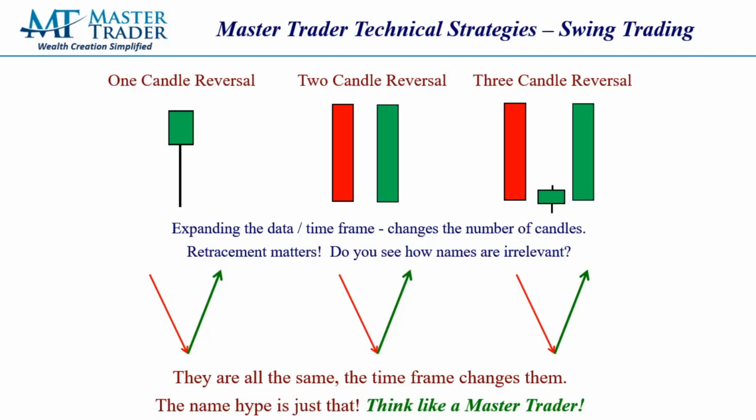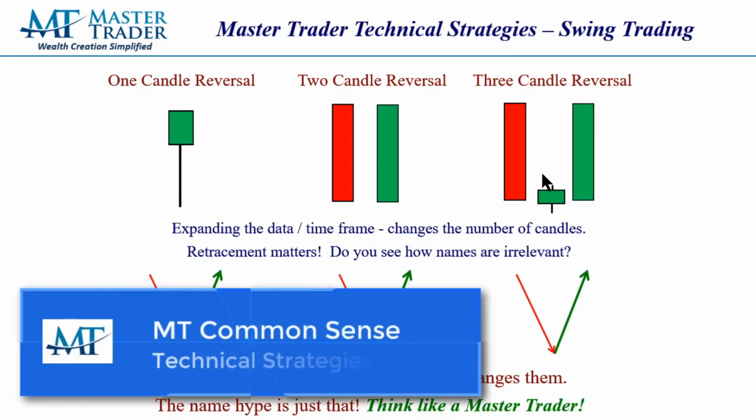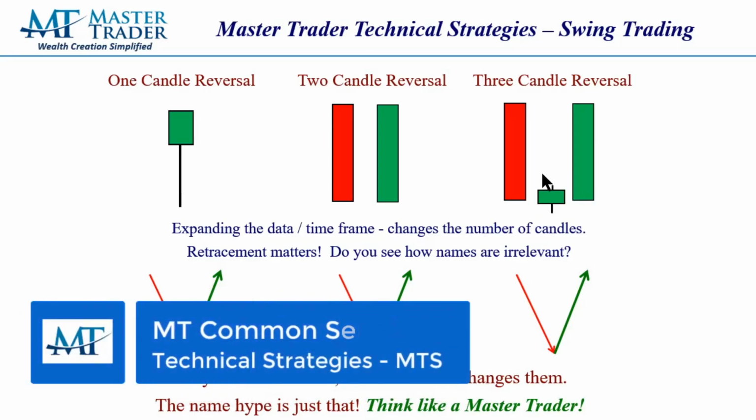Meaning, is it, let's just say, a morning star pattern or a piercing pattern or a bullish engulfing pattern and such? Because as you change time frames, the picture changes. So if I expand the data, go to a smaller time frame, I see more candles. And that's going to change the pattern.